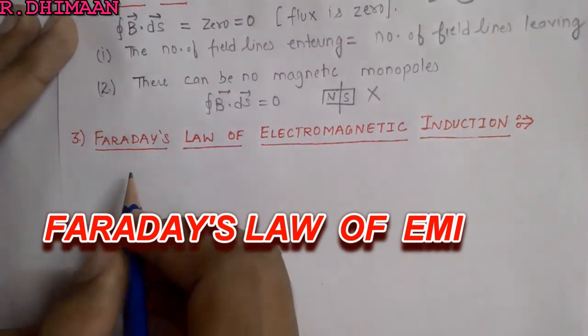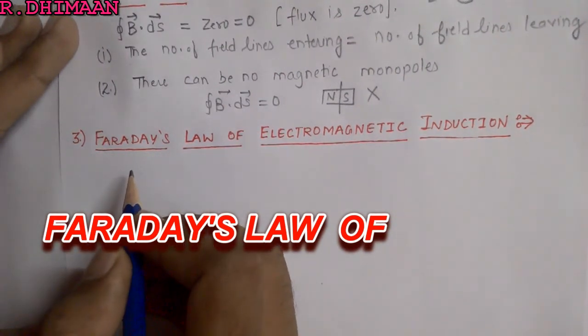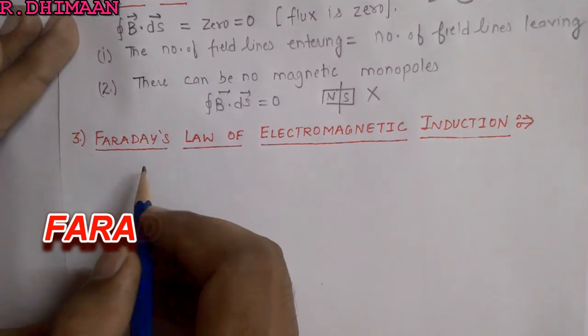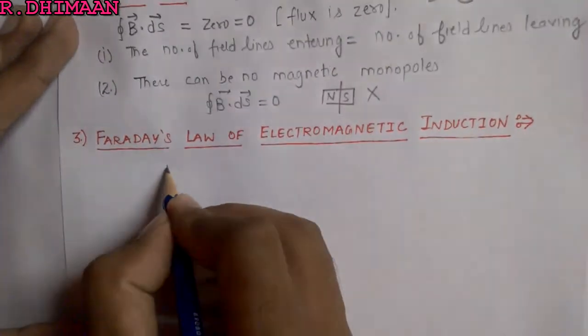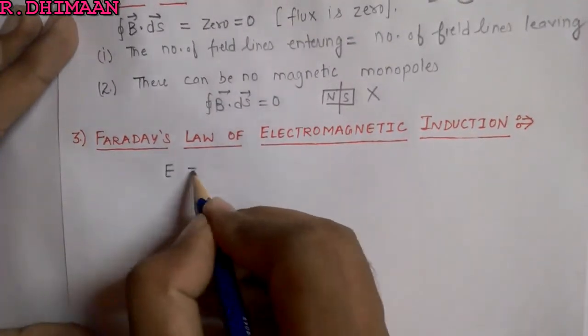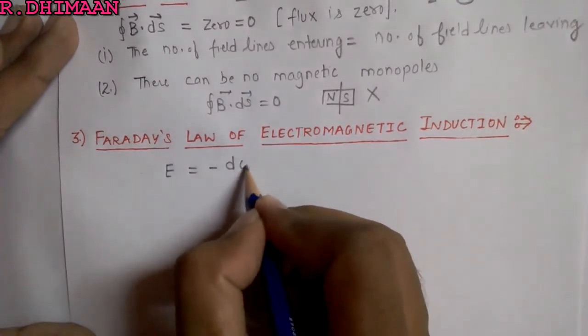Maxwell's third equation is Faraday's electromagnetic induction. We know that induced EMF can be produced by changing magnetic flux.